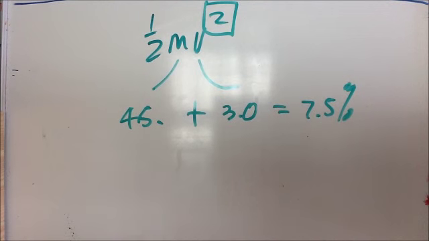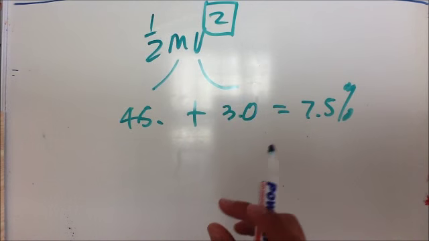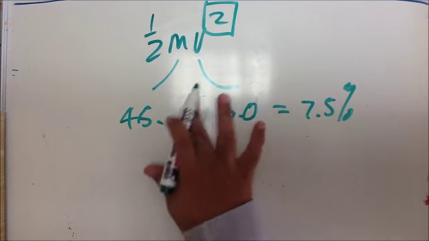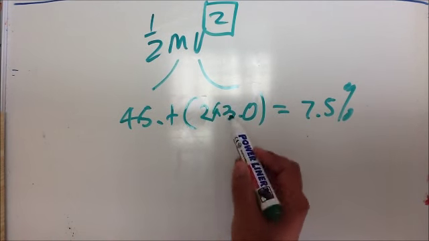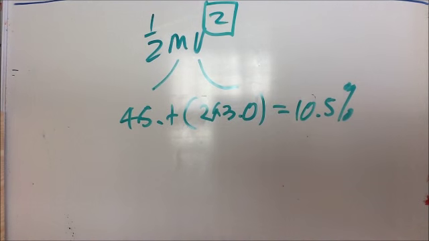The squared bit here makes it very interesting in that if there is a squared attached to a quantity, that uncertainty is doubled. So really, the true value of this one should be 2 times 3, so that's 6 plus 4.5, so your total uncertainty here should be 10.5.